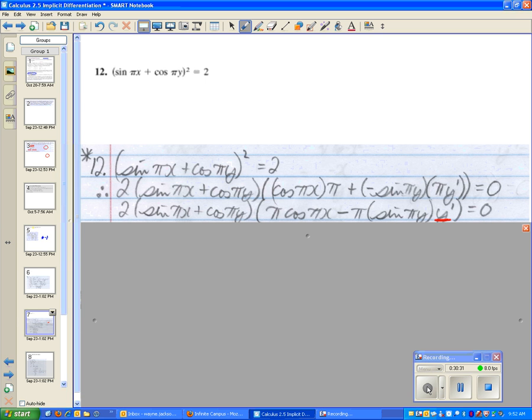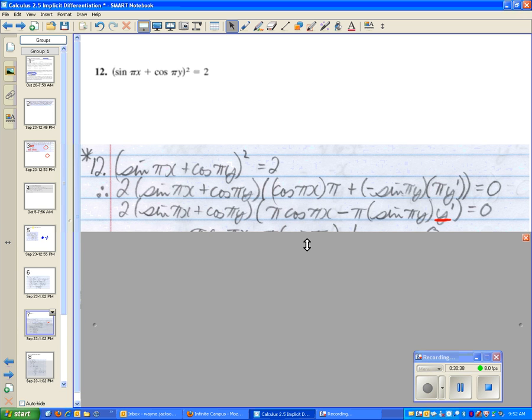If I divide, I don't have it written quite right on my paper. If I divide both sides by 2 sine of pi x plus cosine of pi y, so I can do this.